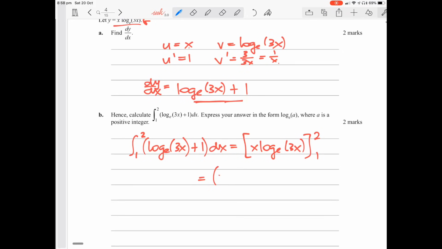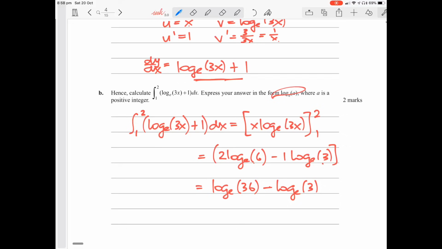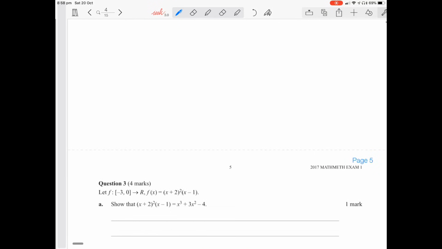So first bracket, sub 2 in: 2 log e 6 minus 1 log e 3. They're probably looking for you to mistakenly join these two together. But first, write log e of 36, because that goes up and becomes 6 squared, minus log e of 3. Remember, you've got to simplify it, so it's just going to be log e of 12. It has to be in that form.